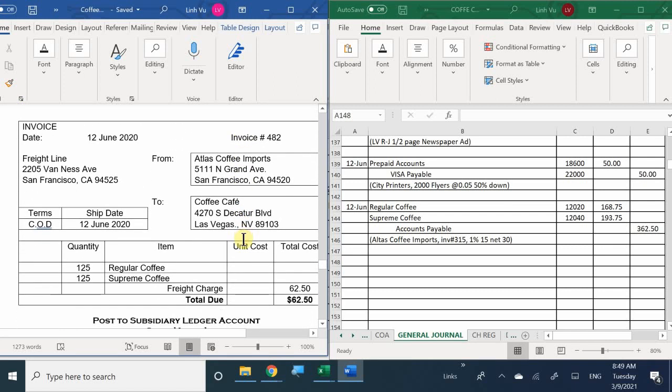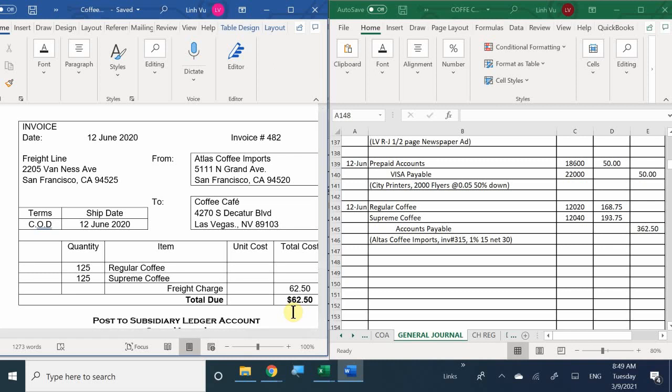What happened next? Got an invoice for the shipping. We got the invoice from Atlas Coffee. So here we received a total shipping of $62.50. Once again, shipping is based on weight.